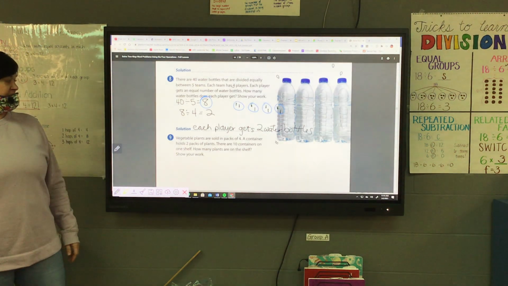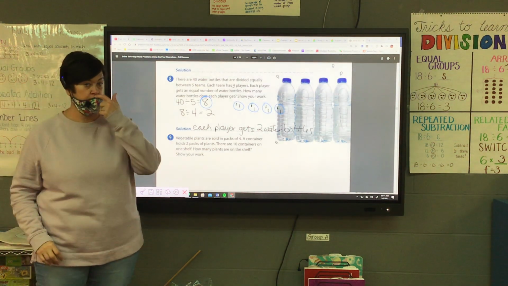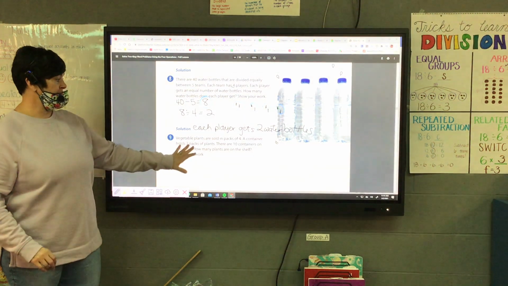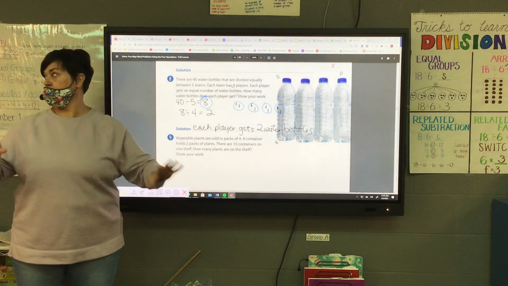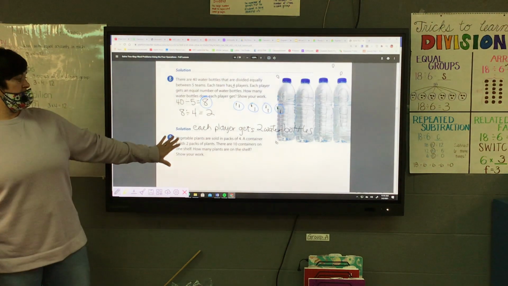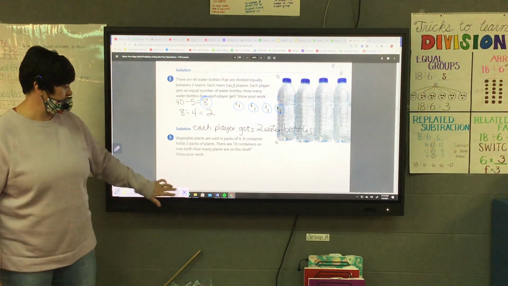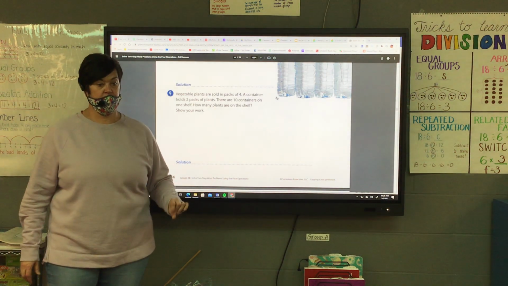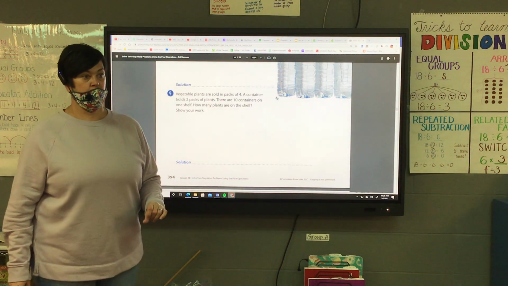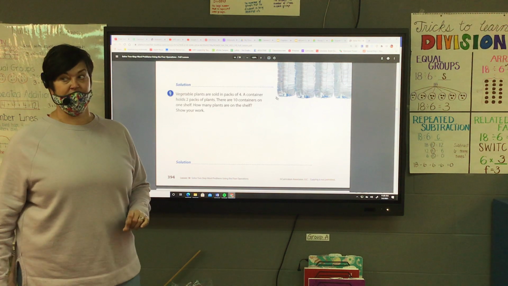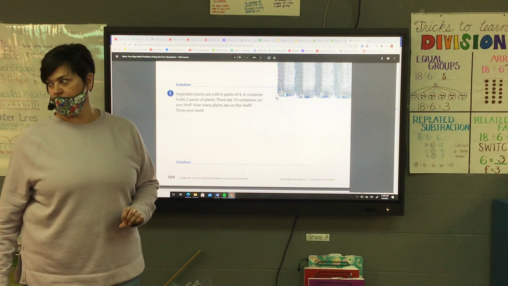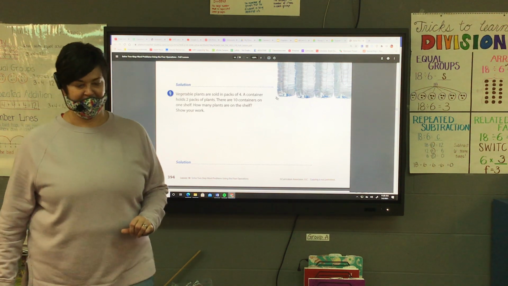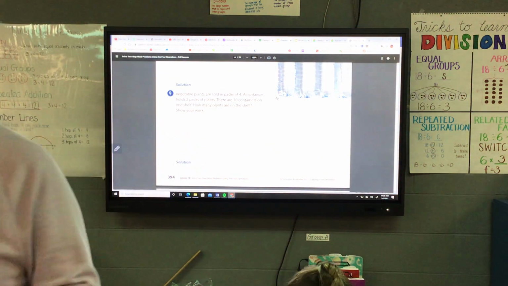But there are 10 containers on one shelf. So I want you and your partner or your group to solve problem 9, and then you'll write your solution on the line. Okay, let's see if you can get this figured out before lunch. Okay, go ahead and go with your partner or your group.